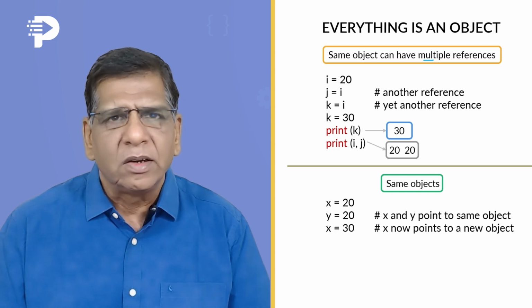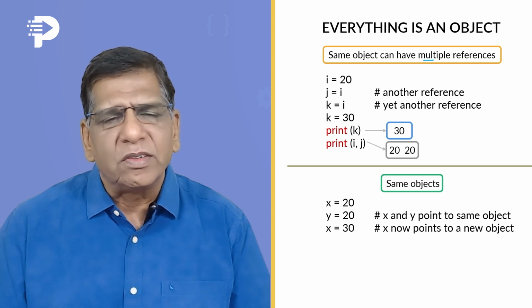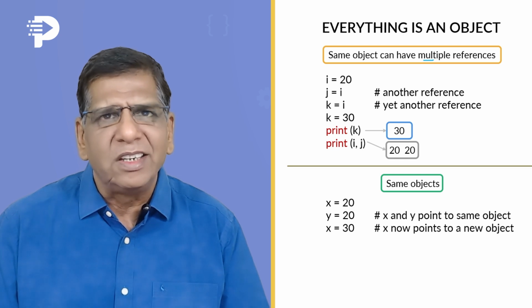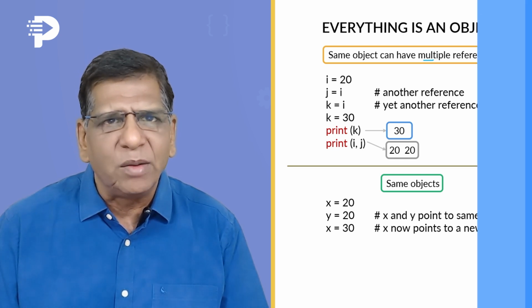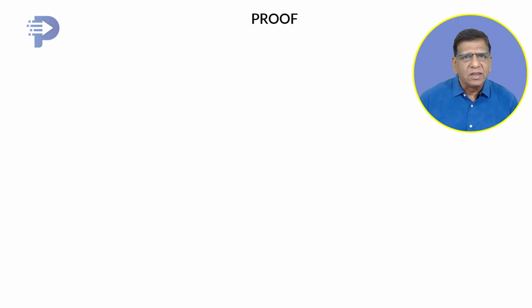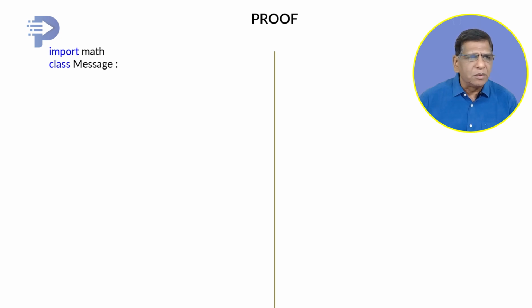Fine? Okay. Now, saying that everything is an object needs a proof, and it's time to give you that proof. For that, I would create all types of variables. Firstly, let me import the math module and then declare a class called message, which simply has a function called display, which prints out a message, and then we have fun, which is outside the class.